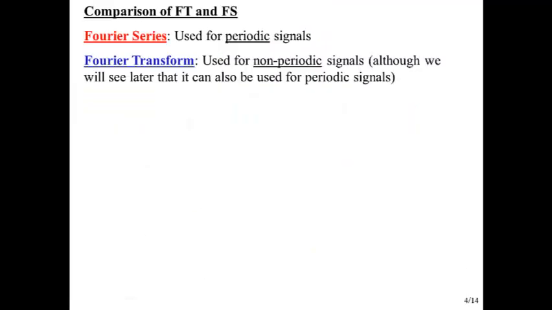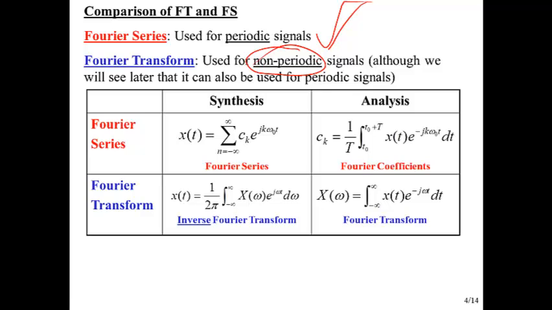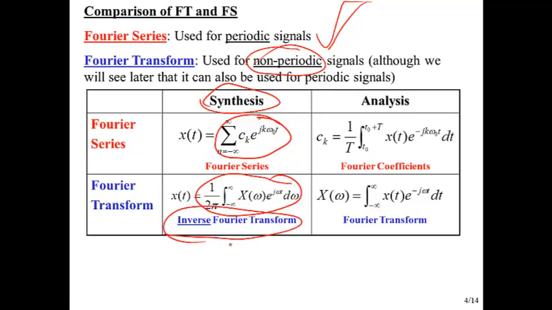Okay, so to do a comparison between these two ideas, remember Fourier series is for periodic signals, Fourier transform is for non-periodic signals, although later we'll bring the periodic signals right into the fold, so to speak. So just comparing and contrasting these, the synthesis part means we're building x of t. For Fourier series, we build it by summing up over frequencies. For building with the Fourier transform, this is called the inverse Fourier transform.